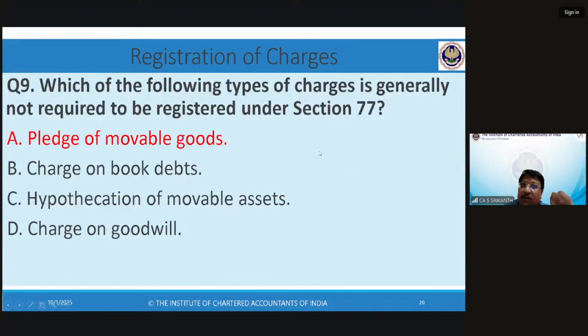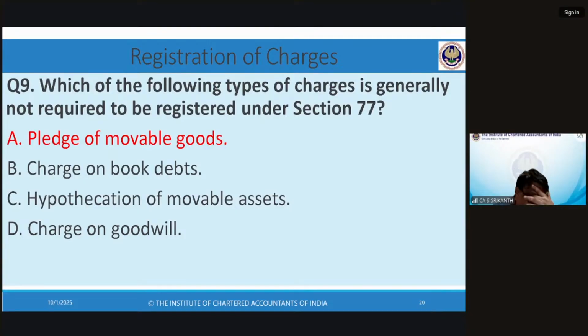A. B, you cannot have a doubt because B is 100% floating charge. Hypothecation of movable assets like car, machinery, 100% floating, fixed charge. Charge on goodwill, intangible asset, fixed charge. Are you able to understand? Registrable. So B, C, D. Normally, I don't know if you have MCQ questions in the exam, but one easy way I used to handle MCQs was a process of elimination.